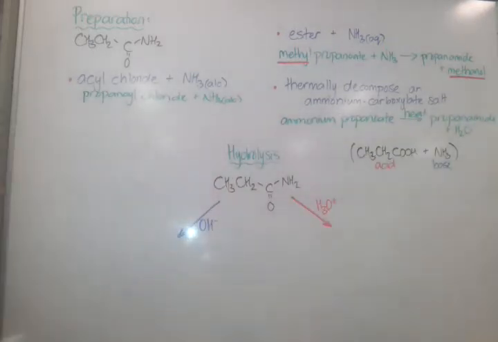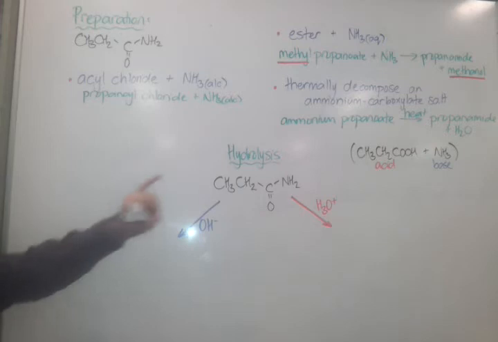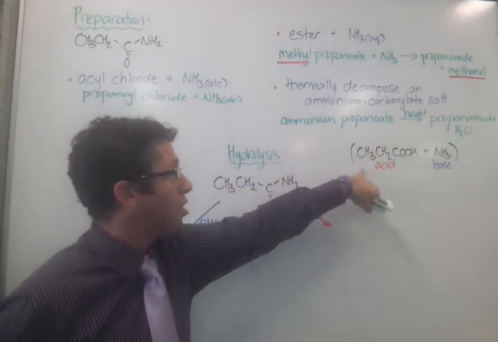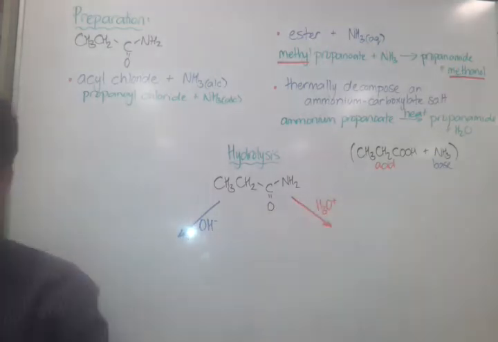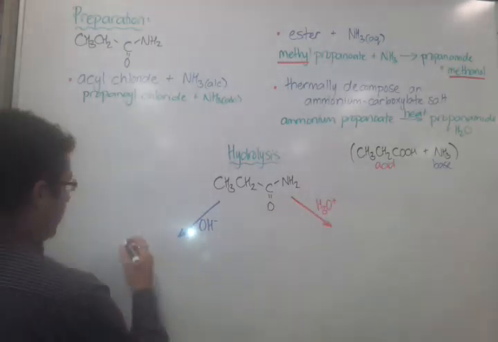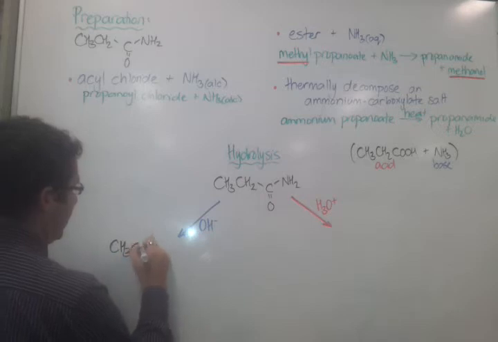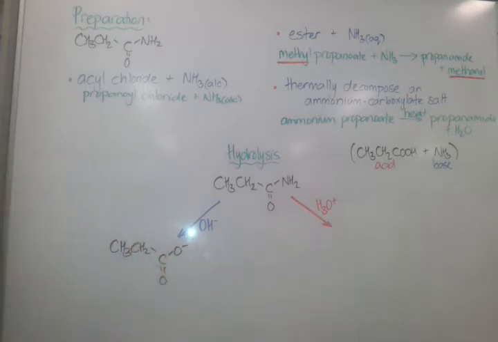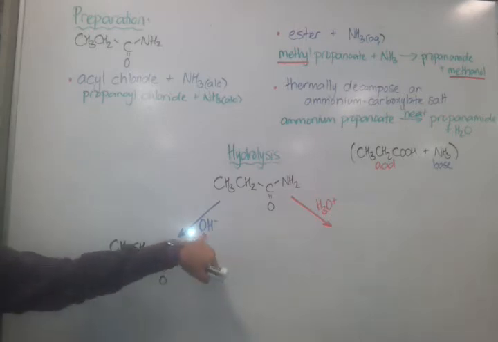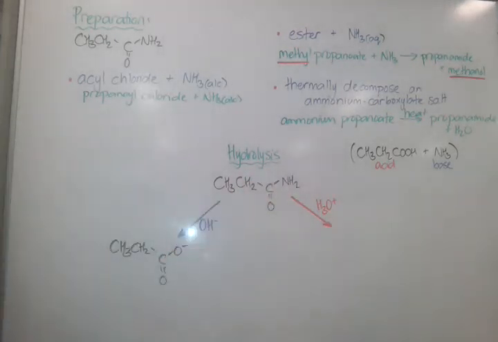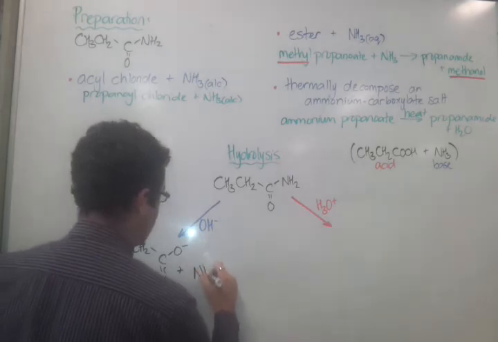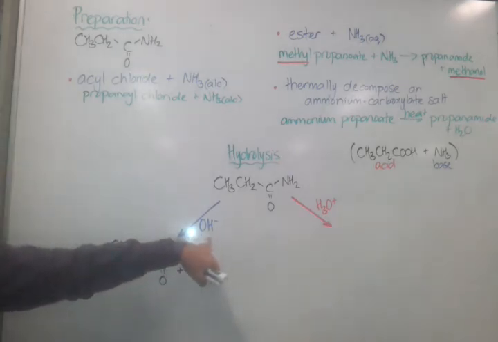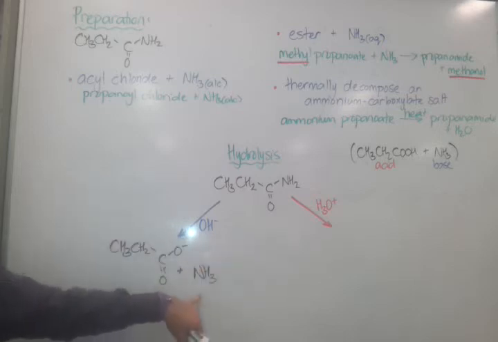In alkaline conditions, you won't end up with propanoic acid, you're going to end up with the propanoate ion. So you end up with CH3, CH2, COO negative. If you imagine that, that's the O from there being tapped into there. Plus NH3. And because ammonia is a base, it's not going to turn into ammonium in alkaline conditions. It's going to stay as ammonia.